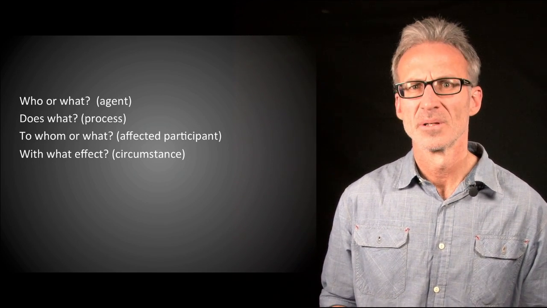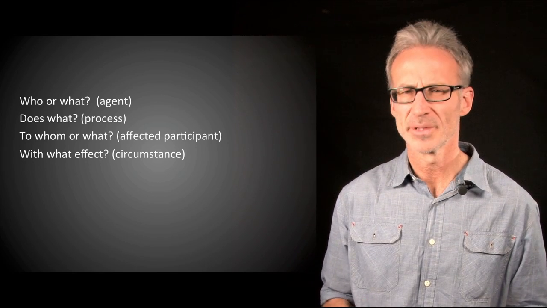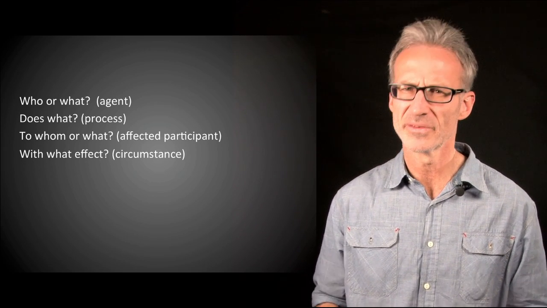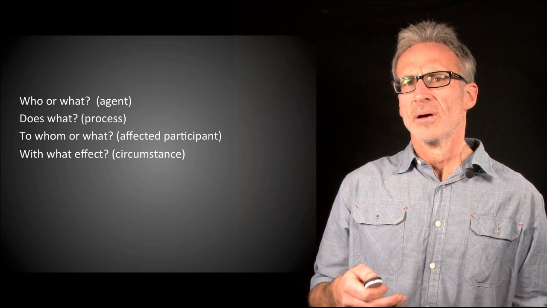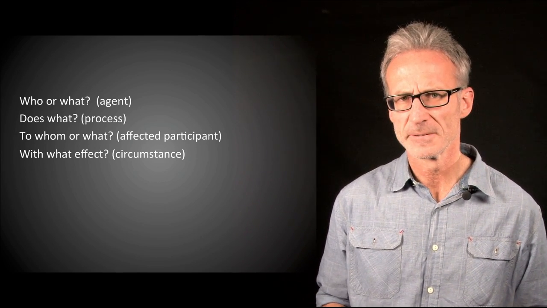Now, you can do this by looking for the verb. No clause without a verb. But what you're looking for is the main verb, the pivot of the sentence. A verbal group sometimes, and what we call the process.